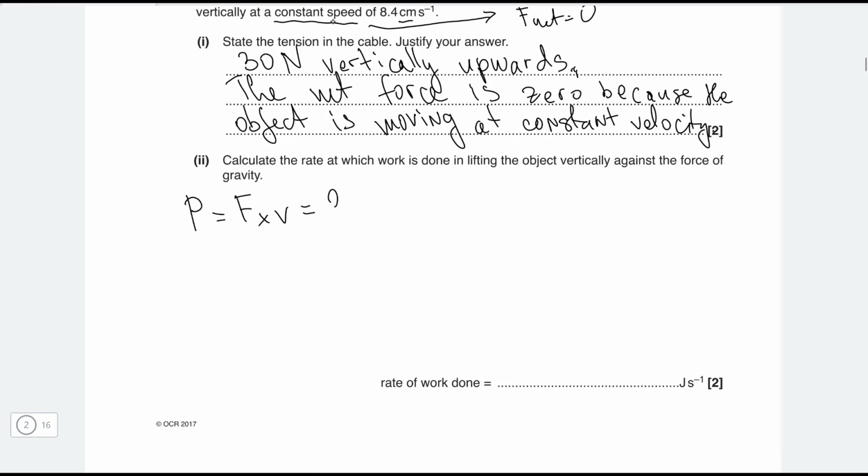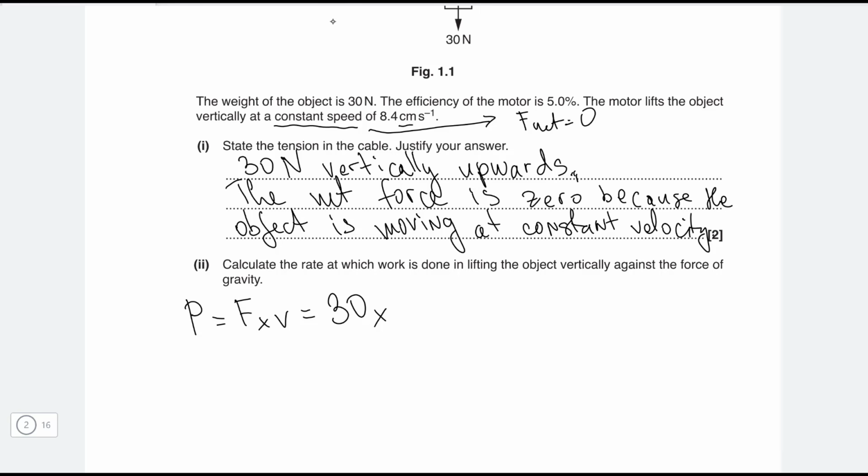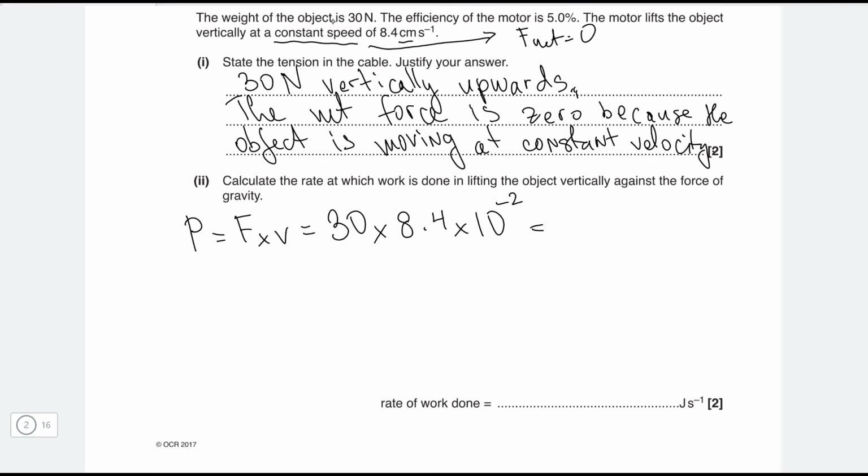Now the force acting is just going to be 30, then the speed at which the object is moving is 8.4 centimeters. So I'm going to say 8.4 times 10 to the power of minus 2. And if we put this into a calculator, we're going to get about 2.5 joules per second or watts, so 2.5.